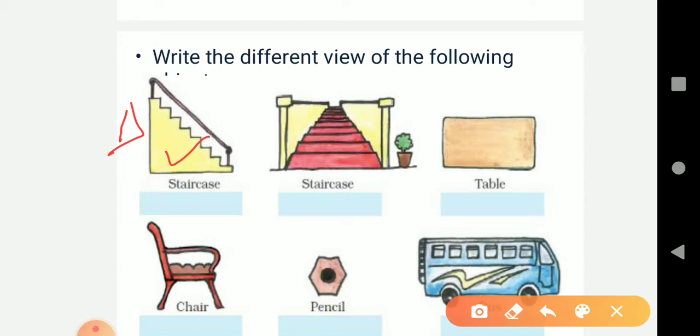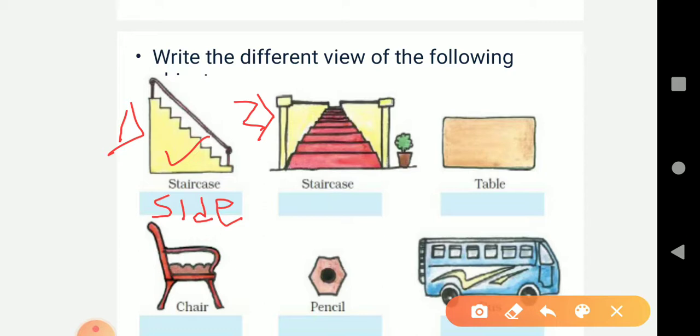It is the side view of a stairs. Okay. Now, second picture. It is also staircase, but it is different than the first.